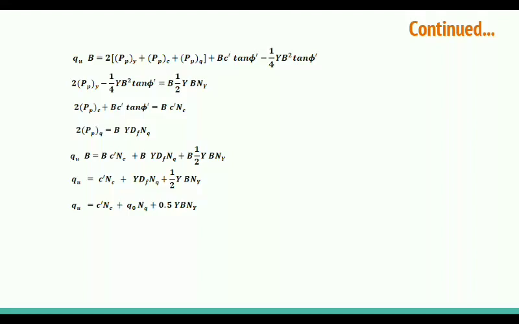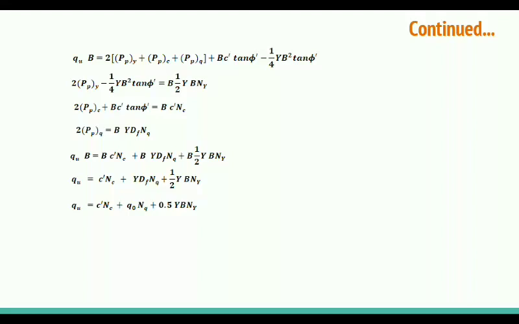Okay, so q naught is the overburden pressure which is on the zone third. So it will depend on what soil is available above the zone third, and that will be applied as the overburden pressure.